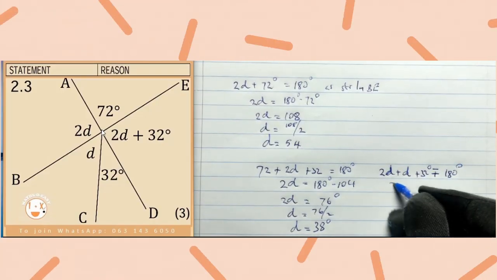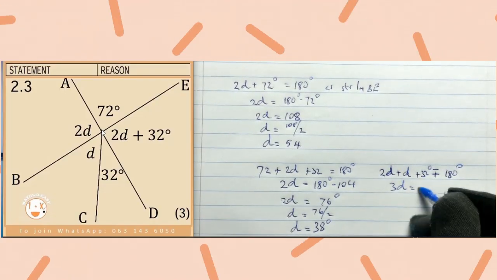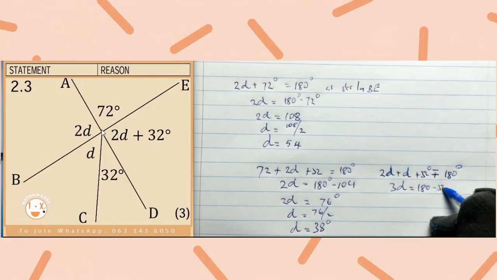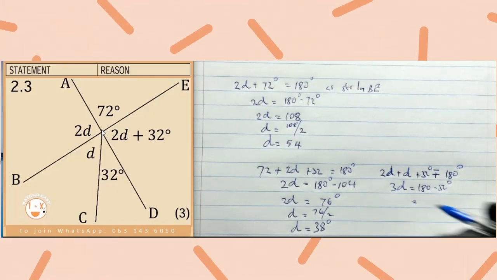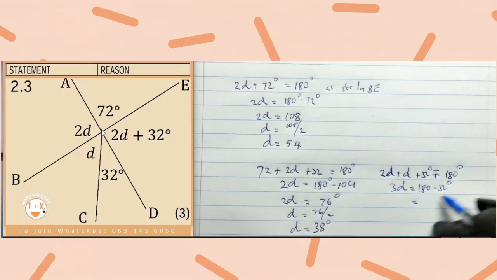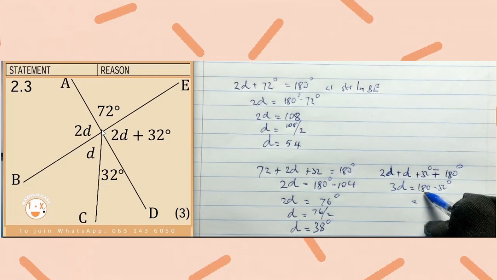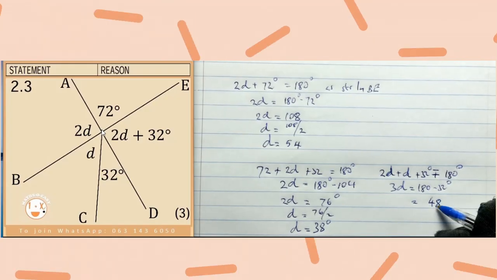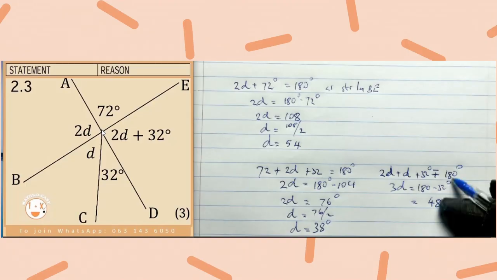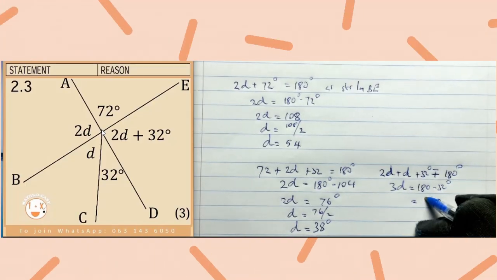So what is happening this time? I have a 3D and then I have 180 minus 32. Remember, it doesn't look sure. 10 minus 2 is what? It's an 8. I'm left with a 7, isn't it? So I'll be having a 4. These two give me 80. 7 carry 1, 8. So 148.